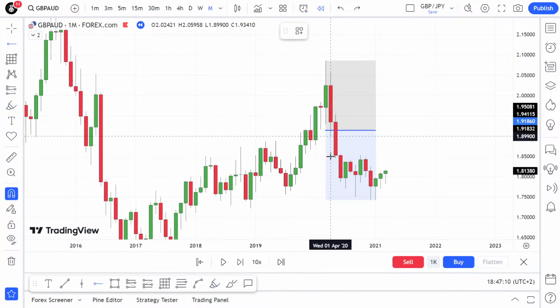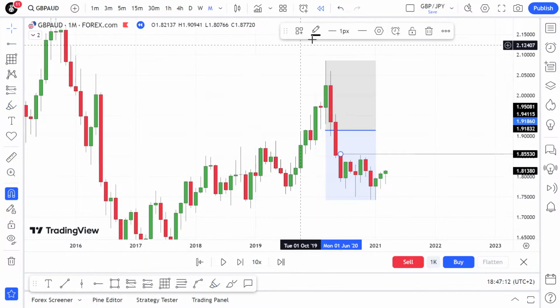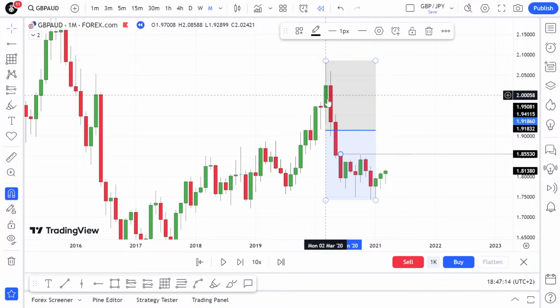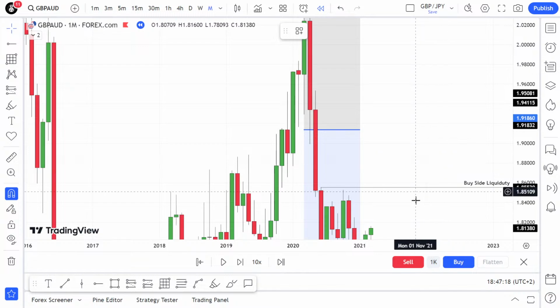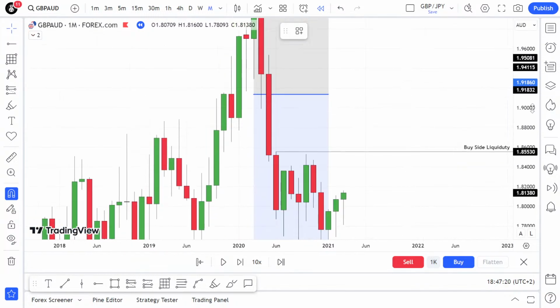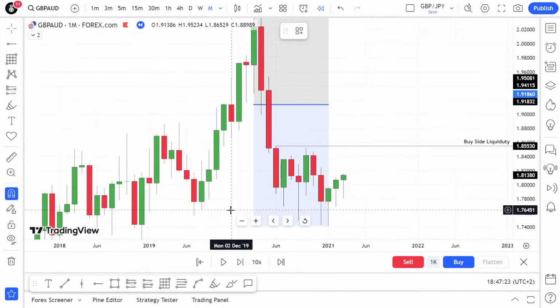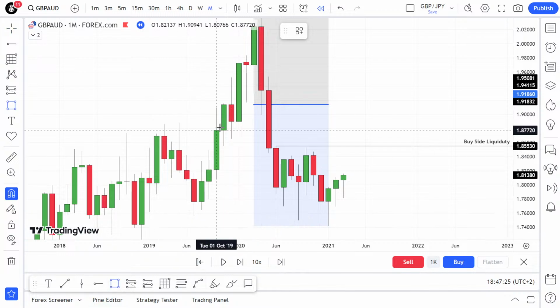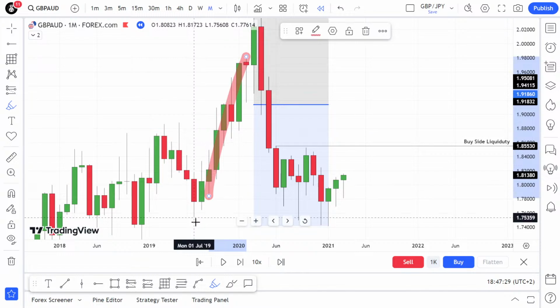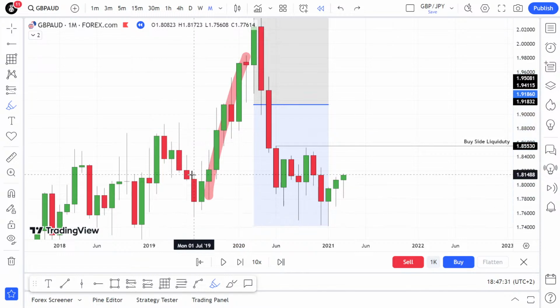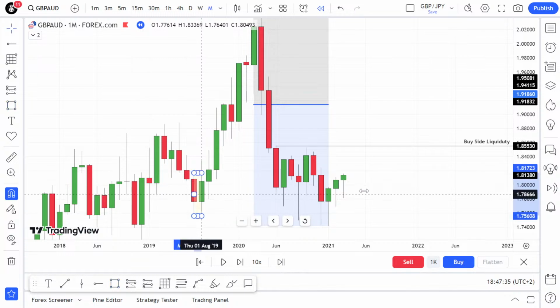So I would mark that out as your buy side liquidity. So do you want to run there? Let's see. We've got this huge push up here, and this order block caused that move, so we can mark that out as your monthly order block level.